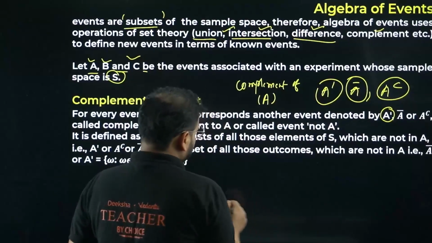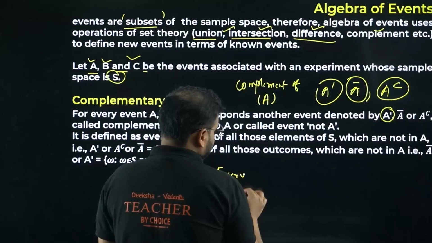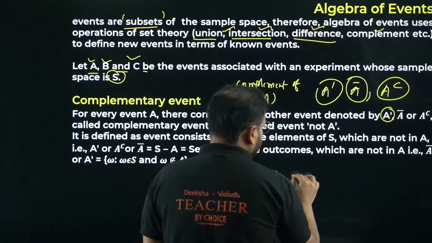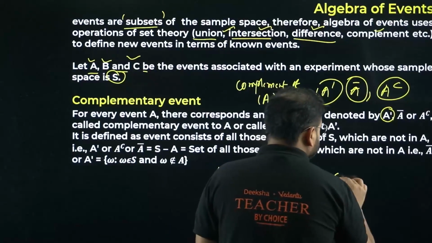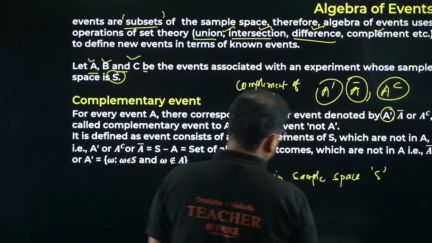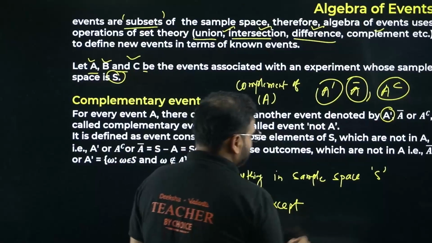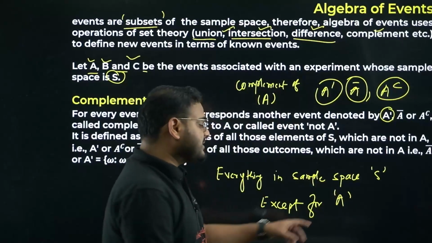Everything in the sample space S except for the event A. Event A is a subset of sample space S, right?